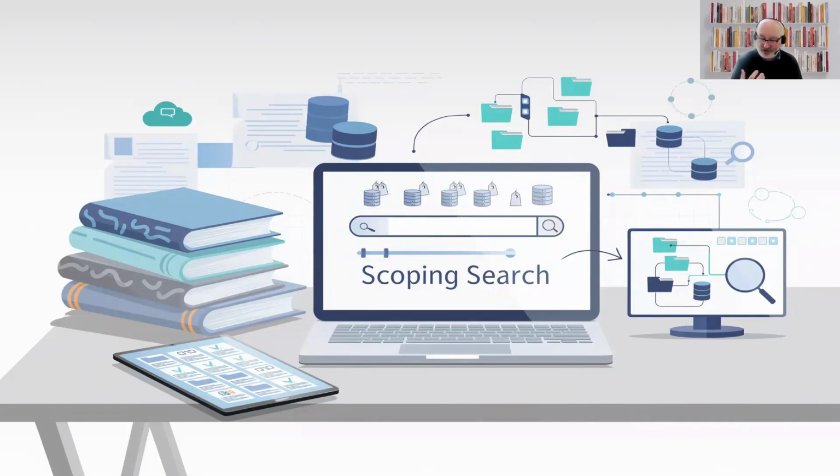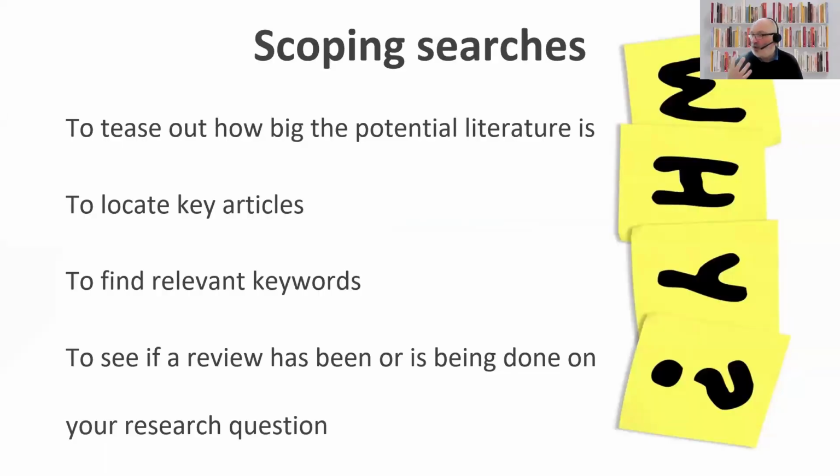You can use it to locate key articles, articles you think, oh my God, this should be turning up in my results. You can also use it to find relevant keywords. As you discover articles, you can ask, how did they talk about the concepts I'm interested in? Have I got those keywords in my search?